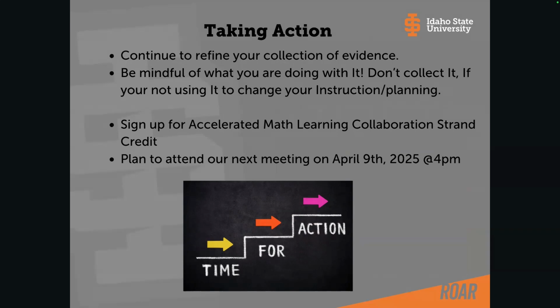Make it meaningful. Be really mindful of what you're doing, and then use it to change your instruction, right? That's the whole point of this formative assessment. We're not necessarily going session by session or lesson by lesson. We're taking a pause point, collecting some evidence. What do my students actually know? And what is the evidence that I'm looking for?